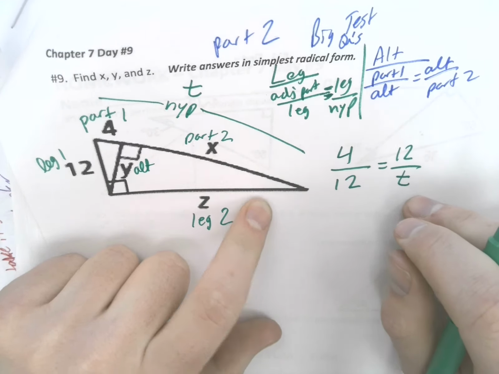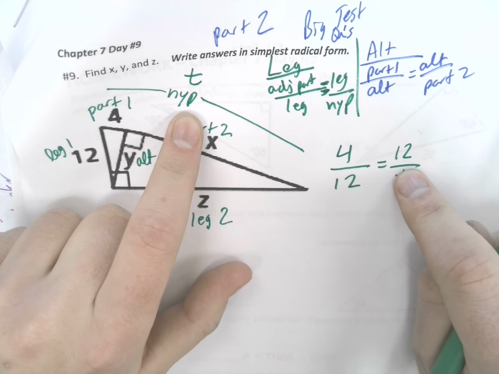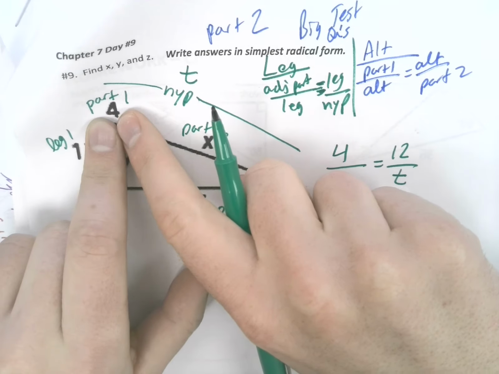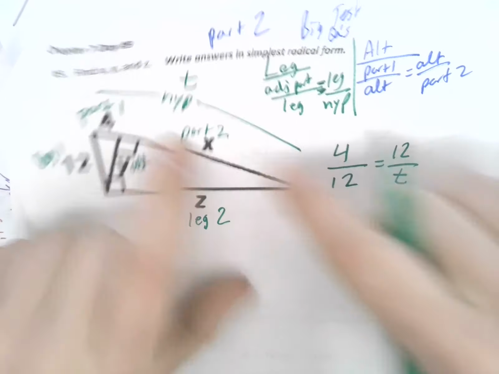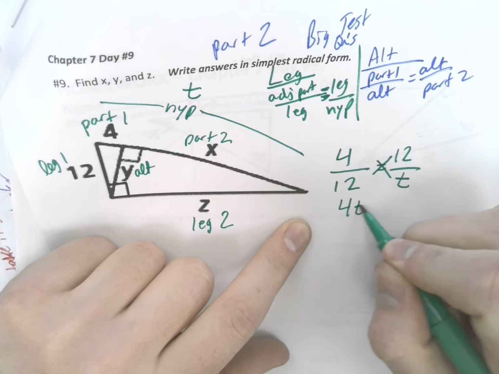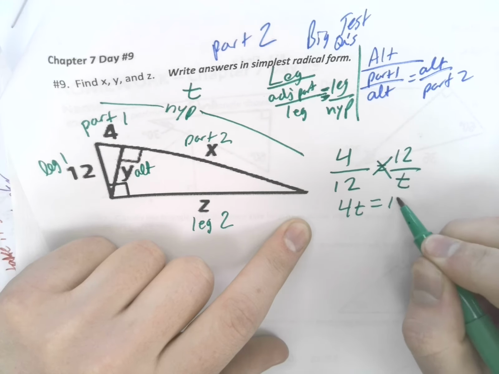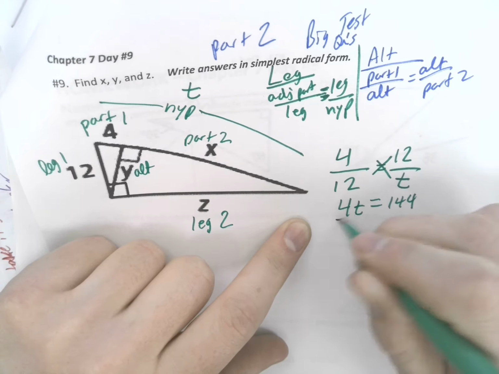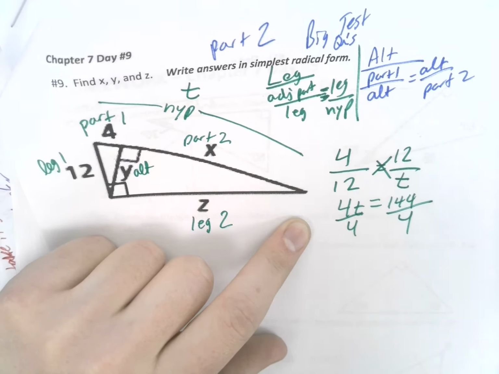And so if we can find out what the hypotenuse is, we can subtract 4 from that to know what part 2 is going to be. So let's find out. Check this out. 4 times T, 4T, 12 times 12, 144. Hey, this isn't too bad. Divide by 4.